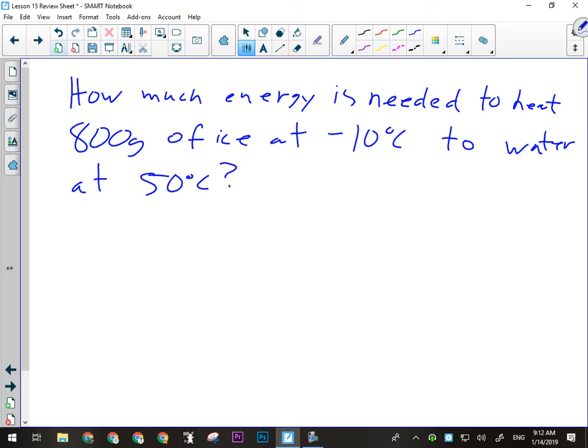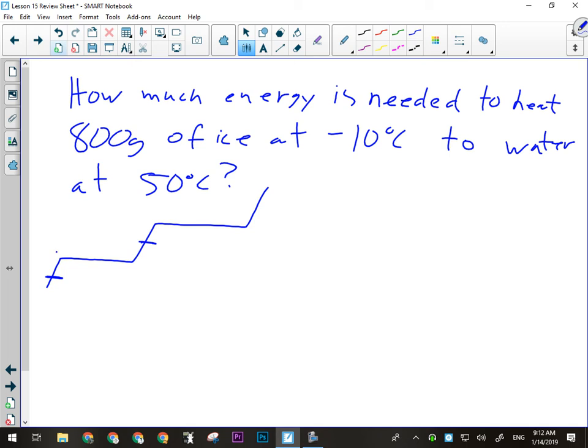We just want to figure out how much energy is required to heat 800 grams of ice at minus 10 degrees Celsius into water at 50 degrees Celsius. So we always said, first thing we want to do is draw our heating curve and mark on there the starting point and the ending point. So minus 10 would be about right here, and 50 would be here.